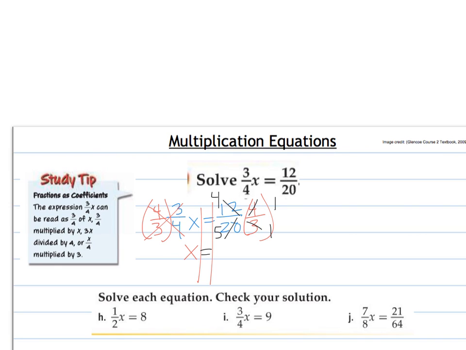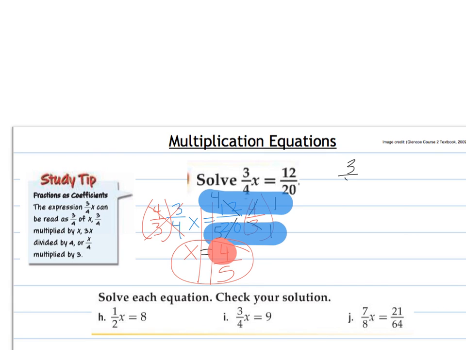I'm left with 4 times 1 and 5 times 1. So I end up with 4 over 5. Now I can plug it back into check.